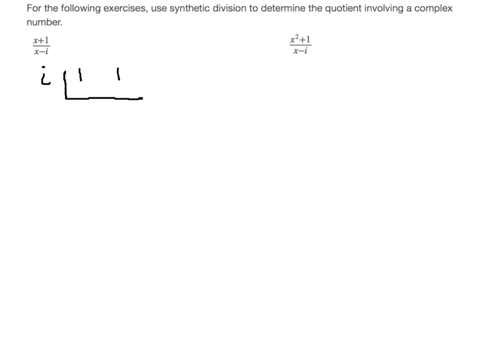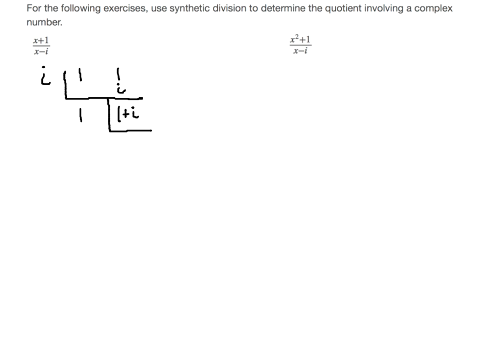So my k value is actually i. It's the same exact process, so don't freak out. You bring down, multiply with k, write my result, combine, that is add, down. So I'm left with 1 plus i as my remainder here.